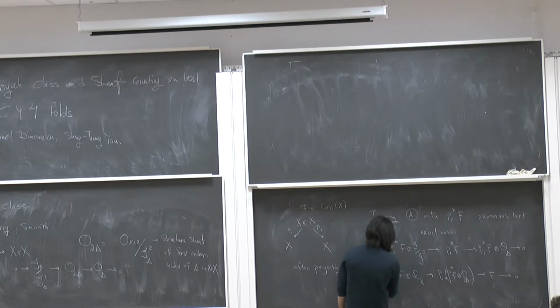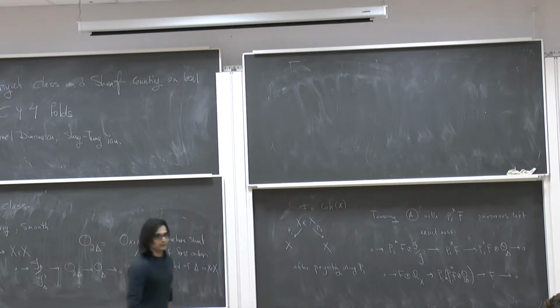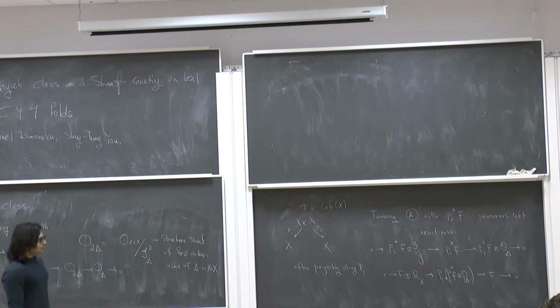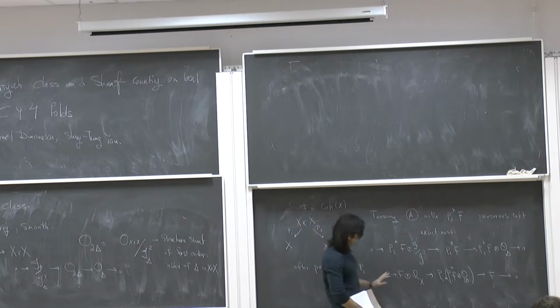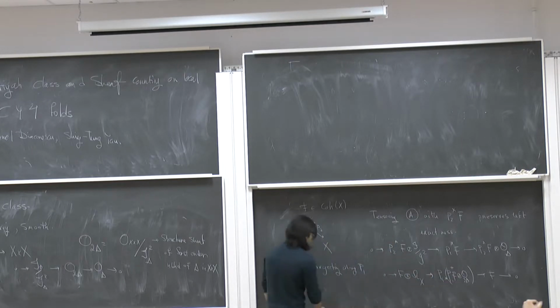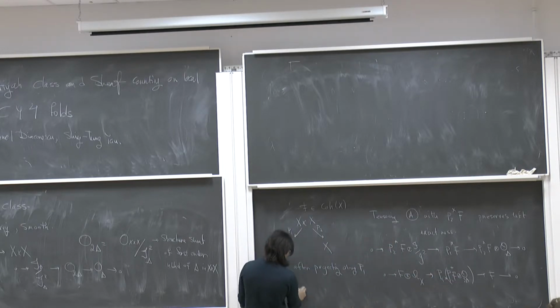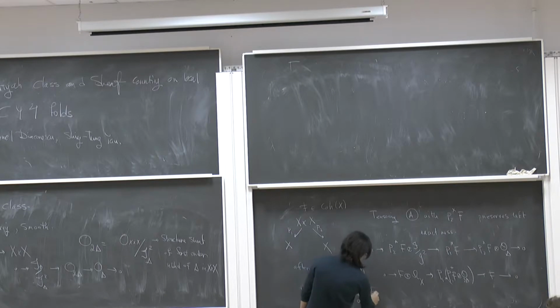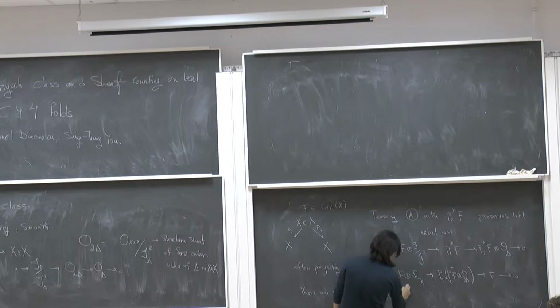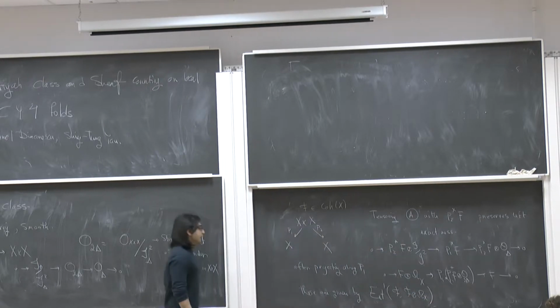So this is what you get, and this is the short exact sequence that gives you the Atiyah class. The set of possible short exact sequences like that is given by a vector space, a group, which is just the extensions Ext^1(F, F times the sheaf of differentials).